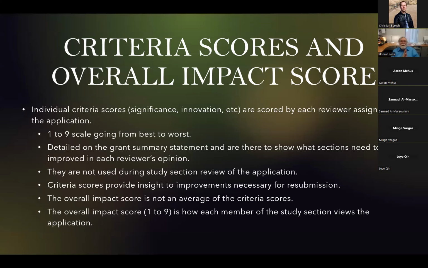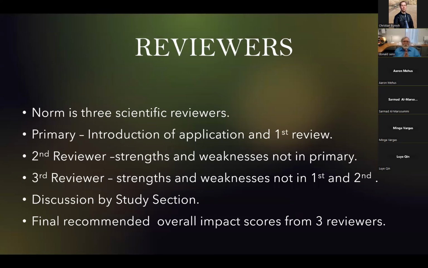Okay, so next slide, please. What happens during this review is that normally you'll get 3 scientific reviewers assigned to your application. Those 3 reviewers will be called upon right at the start of the review for their preliminary impact scores. They may give it a 2, a 4, and a 5, so each one gives their impact.